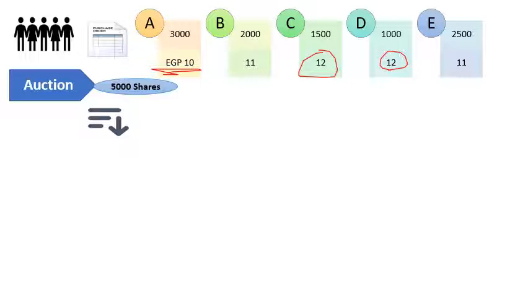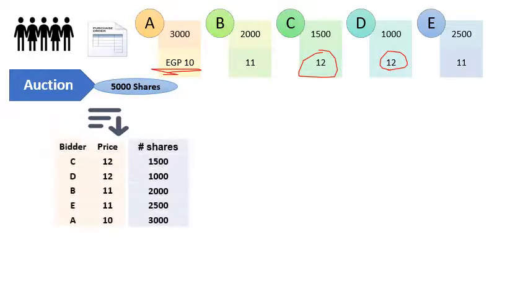We have only one purchase order from investor A who wants to buy 3,000 shares at 10 Egyptian pounds. So the first step is to arrange the orders according to the price from the highest to the lowest price.